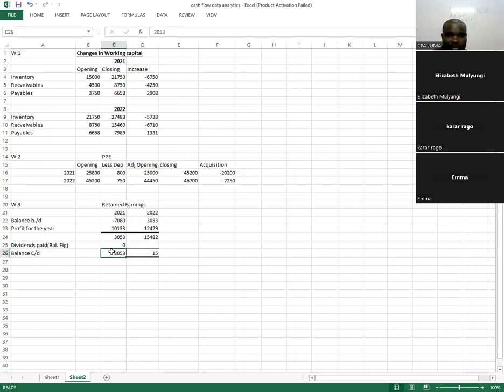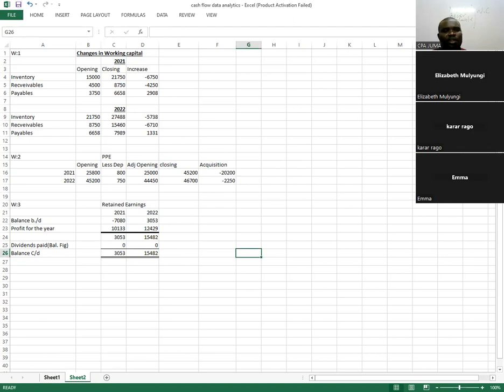This closing becomes the opening in 2022. Then in the profit account, they made 12,429. So when you sum up, it comes to 15,482. When you check the balance sheet, it is also 15,482. So they have given us 0. There was no dividends in any of those years. So no dividends paid at all.